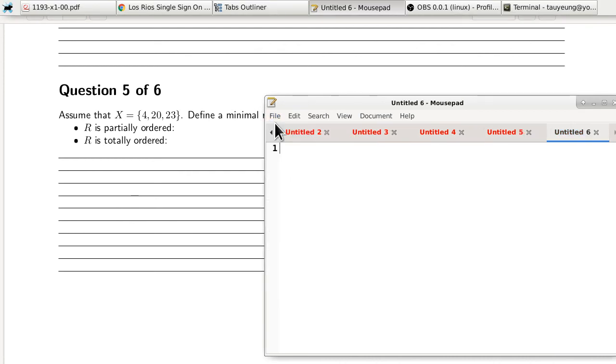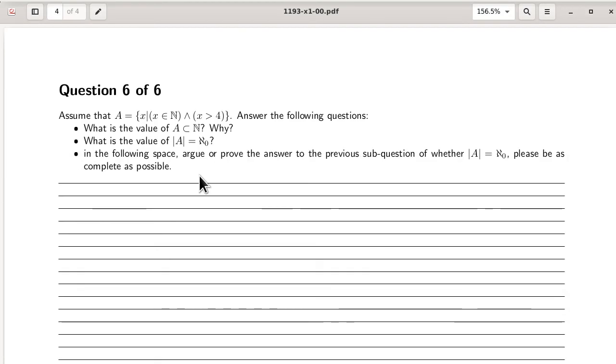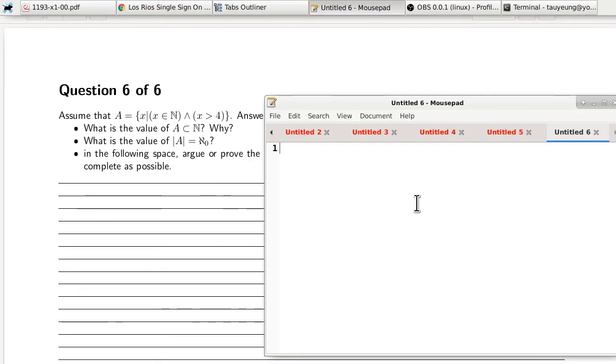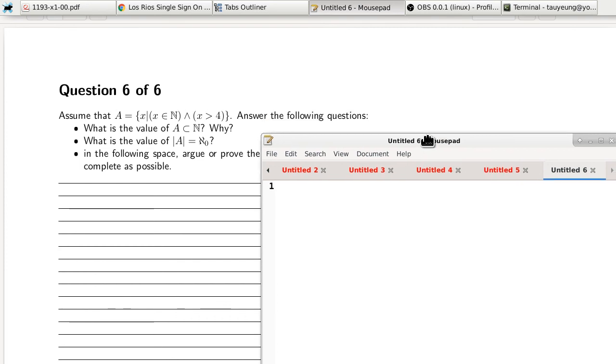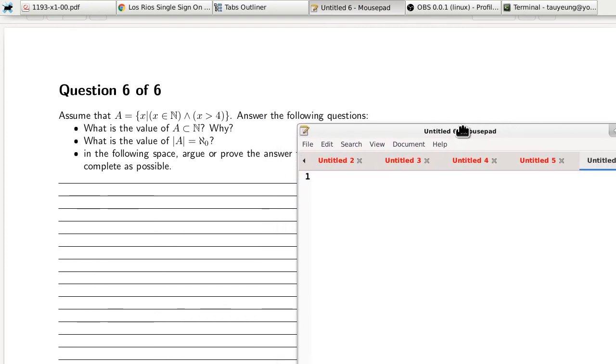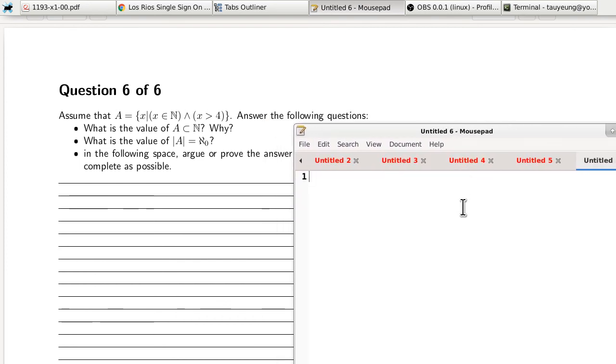All right, moving on to question 6 of 6. This one is great. A in this case is basically the set of integers 5, 6, 7, and so on.